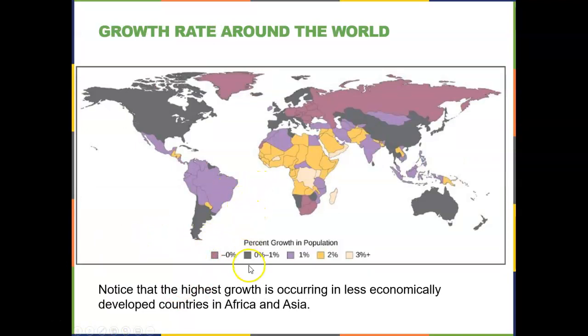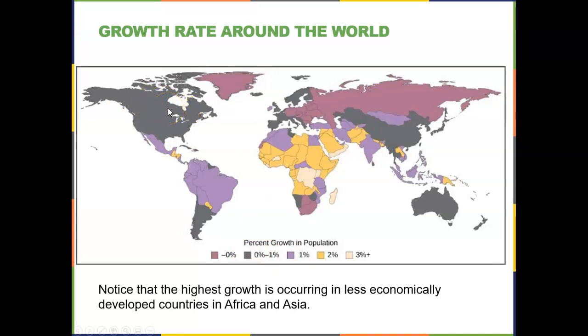If we move on to the next slide, here we see a map of countries around the world where we have less than zero population growth. These are countries in Europe, Russia, etc., which are showing fewer young people than middle-aged and older people, so they're not replacing their population. Then we move on to the gray, and here's the United States.